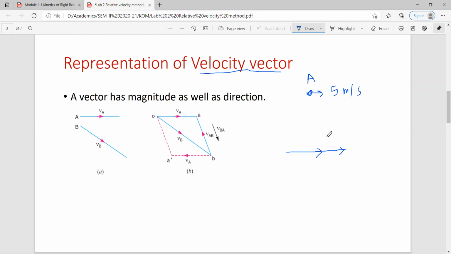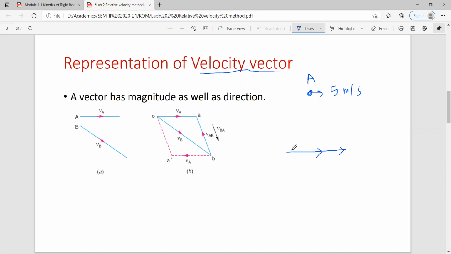Now you have decided the orientation, like horizontal, vertical or inclined, depending on the direction of velocity. Now what about the length? What should be the length of this line? The length of this vector should represent the magnitude.